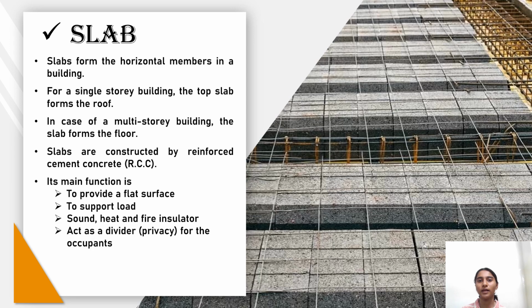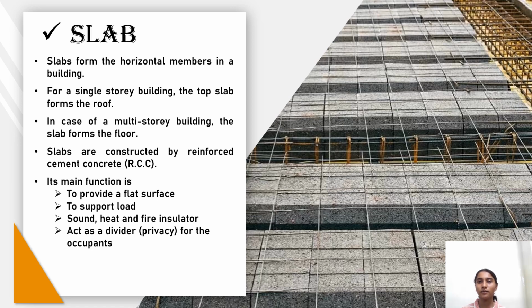So our eighth structural element of a building is slab. Slabs form the horizontal members in a building. For a single story building, the top slab forms the roof. In case of a multi-story building, the slab forms the floors.